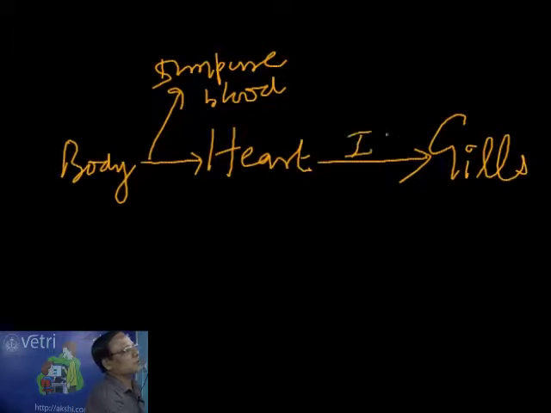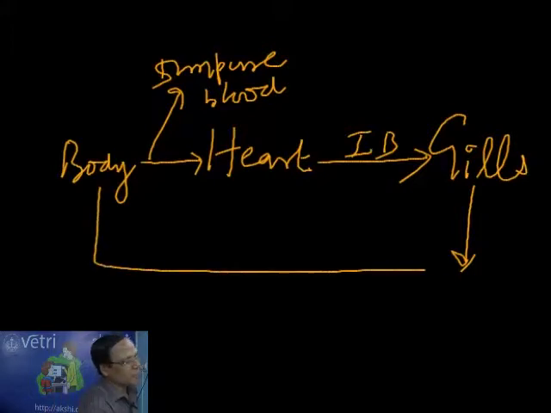Here also the impure blood. Then in our case what will happen after purification occurs? The oxygenated blood or the pure blood is transported to the heart and from there it is transported to the body. But in the case of fishes, after purification gets over, the blood never returns to the heart. It is directly transported to the body.